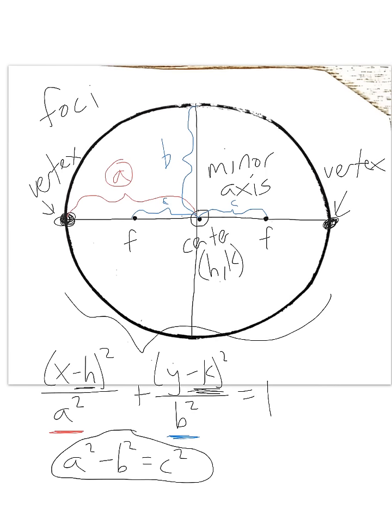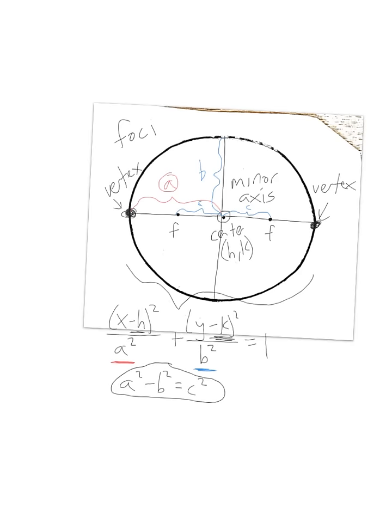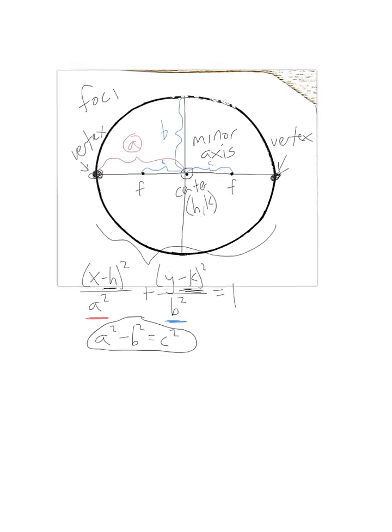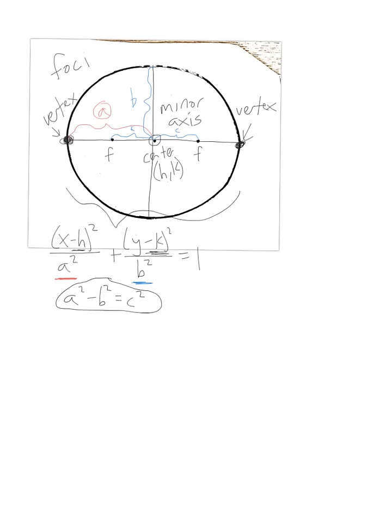Okay. Now I said I would tell you, based on the equation, how you know if your ellipse is going to be horizontal or if it's going to be stretched vertical. Now the vertical one, I'm trying to shrink this here. A is the bigger number. That's important to stress. A is the bigger number.